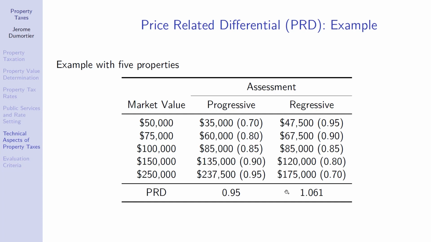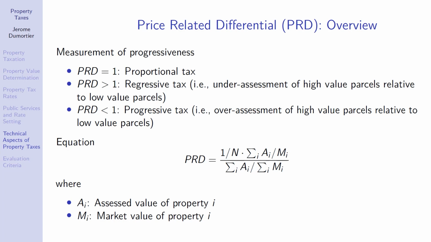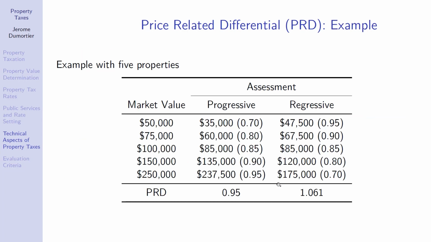Now the denominator here, we have the sum of the assessed values divided by the sum of the market values. So here the sum of the market values is $625,000, and the sum of the assessed values is $552,500.